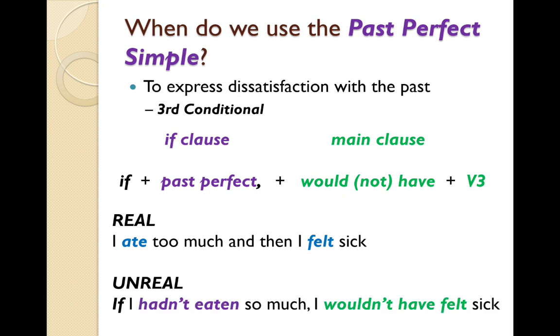If I hadn't eaten so much, I wouldn't have felt sick. So the third conditional is used for the unreal past. It's the past that we wish was reality, but unfortunately it isn't. And we use the past perfect in the if clause.